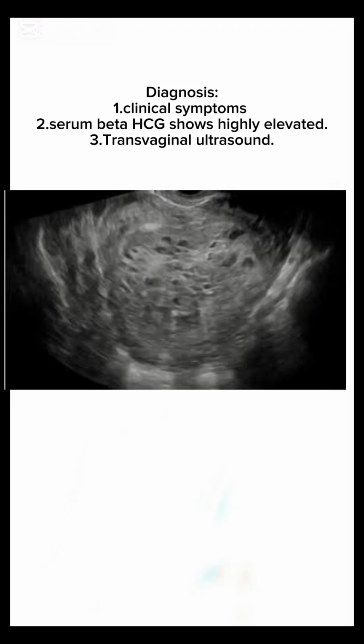So what are the diagnostic steps for hydatidiform mole? First, serum beta HCG levels. Second, transvaginal ultrasound. As we know the beta HCG will be elevated, and on transvaginal ultrasound a heterogeneous mass with anechoic structures in it will appear.